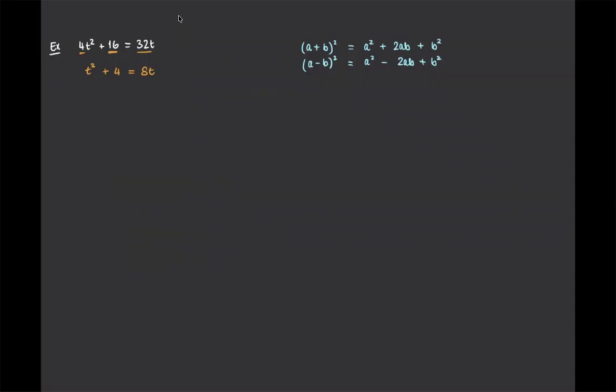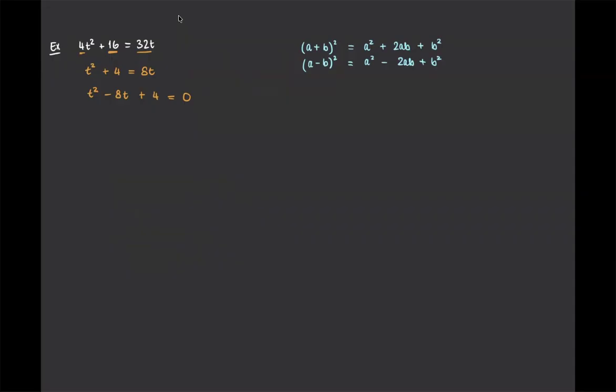Okay, and now let me move this 8t over to the left so it looks like a normal quadratic equals 0. And I'm just going to try and complete the square for this one. So in this case, I'll be using the second identity for a squared minus 2ab plus b squared.